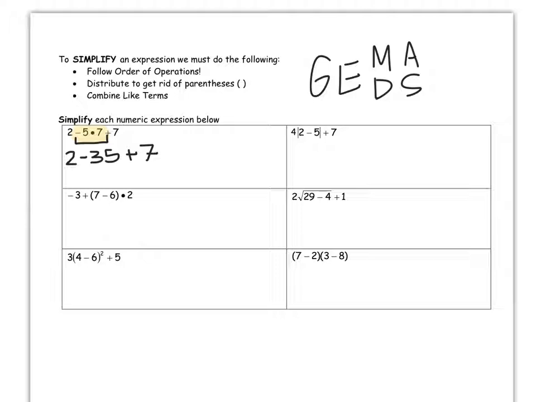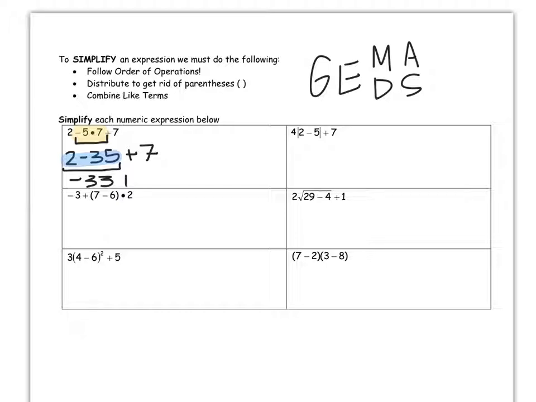Now I'm going to continue this problem. I've done my M, there is no D, so now we're moving on to the last, which is A or S, whichever comes first, addition or subtraction. I'm going to go right down the line from left to right, and I see that subtraction comes first. So I'm going to do 2 minus 35, and 2 minus 35 is negative 33.